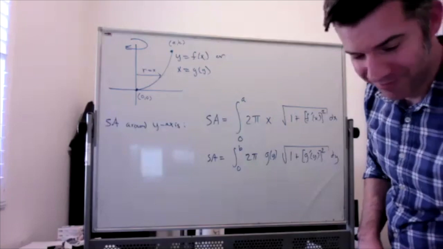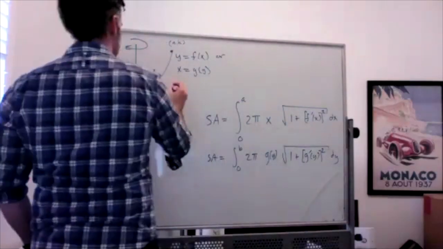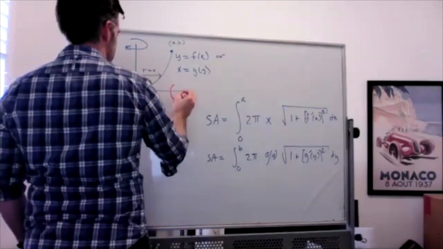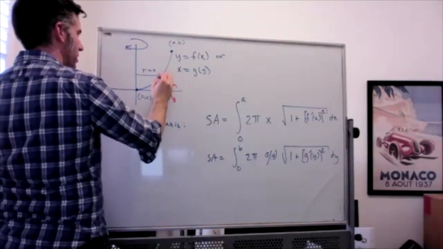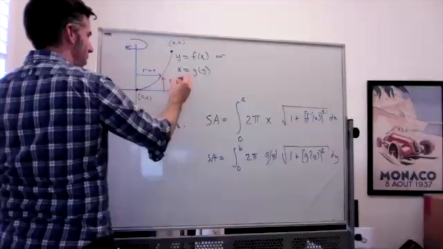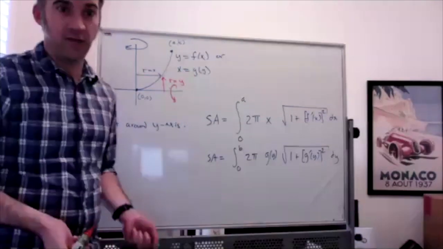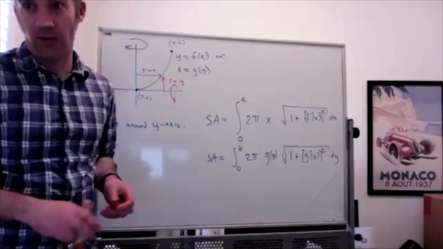Or if we go around the x-axis, then our radius is equal to y, because the distance from the axis of rotation is how high we are, which is y.